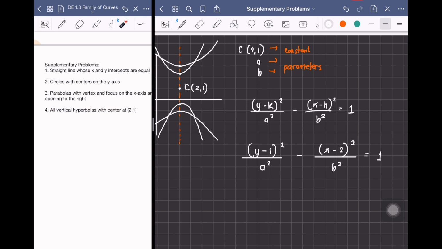To easily differentiate this, you have to remove the denominator, because the denominators are the arbitrary constants that we have to eliminate. So that we won't have difficulty differentiating, rather than using u over v, since the denominators contain the constants, let's remove the denominator by multiplying by the LCD.